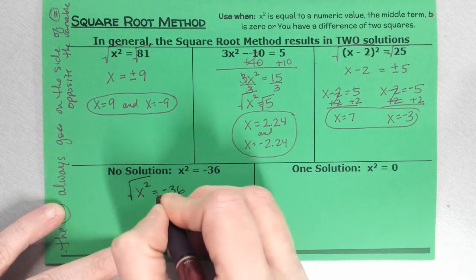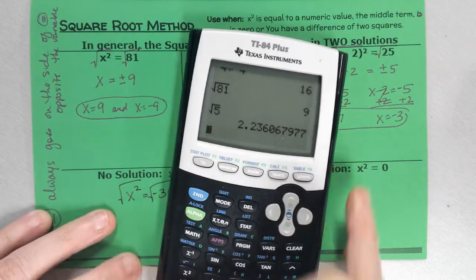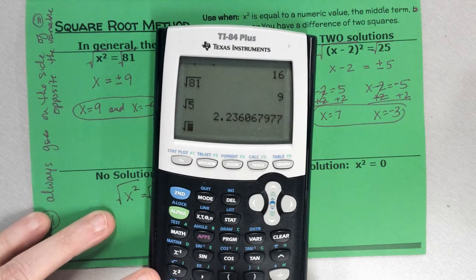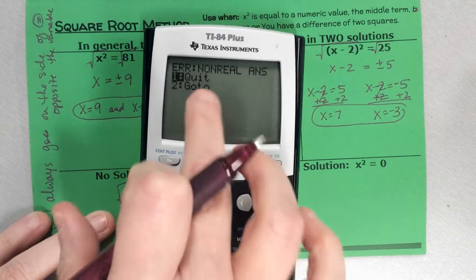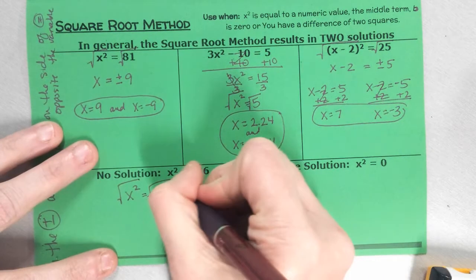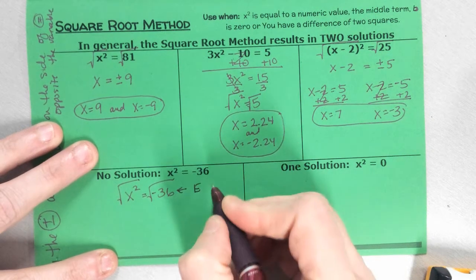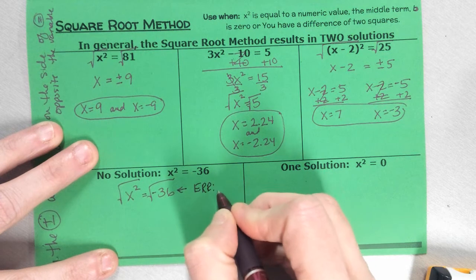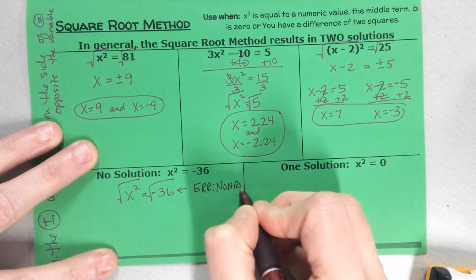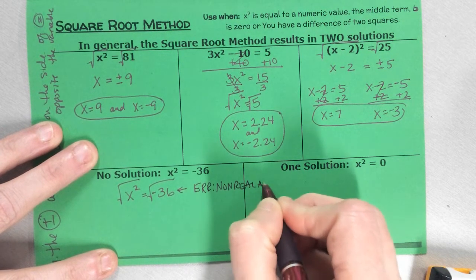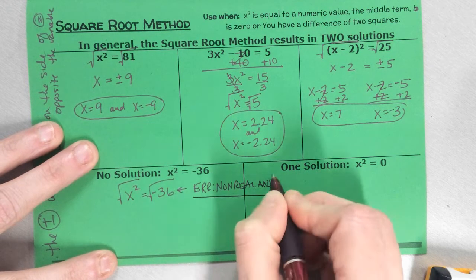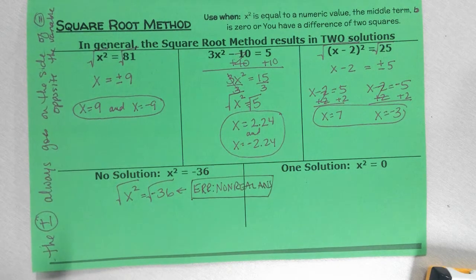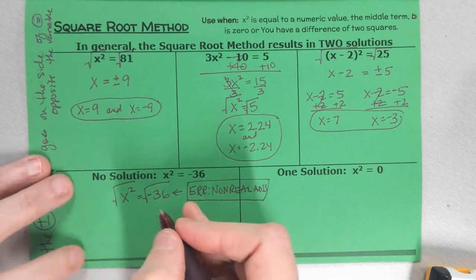Well, if I take the square root of both sides, if I put the square root of negative 36 in my calculator, I get error, non-real answer. What that means is x has no real solution.